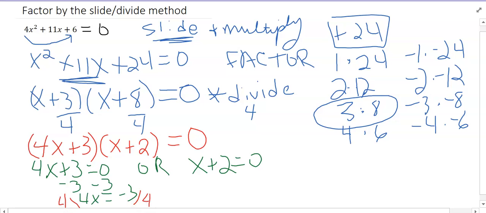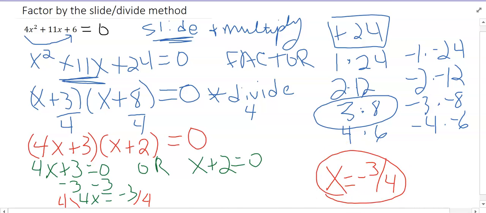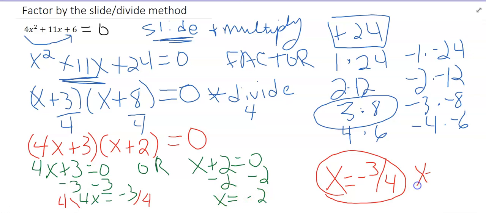So I have x equals negative 3/4 for one solution, or subtract 2 from both sides, and I get x equals negative 2 for my second possible solution.